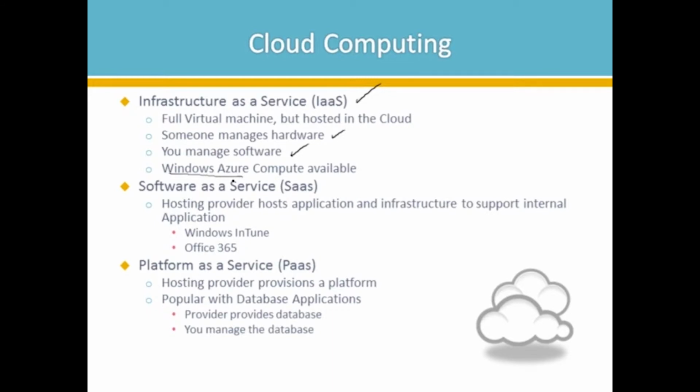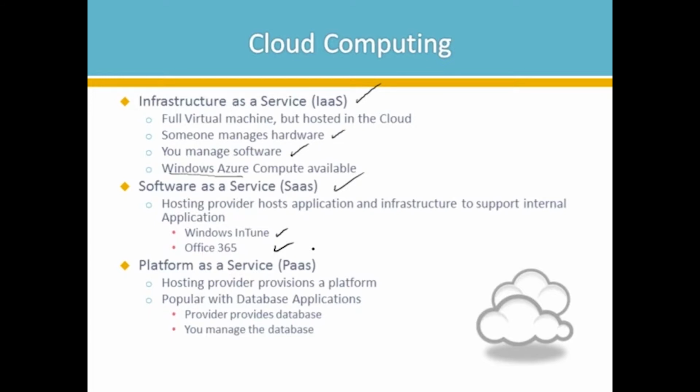Now, we also have Software as a Service, which means they're going to host a particular application or infrastructure for a technical application. And we, of course, have Intune, which is all for PC maintenance, but the one that most people have heard of is Office 365, where you have full-blown Exchange Server, you have full-blown SharePoint sites, and everything that you're doing is up in the cloud.